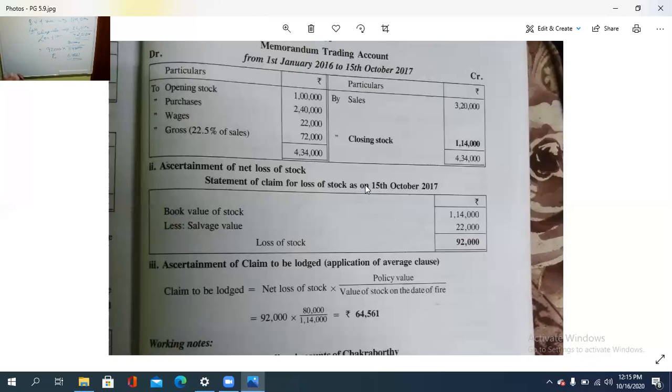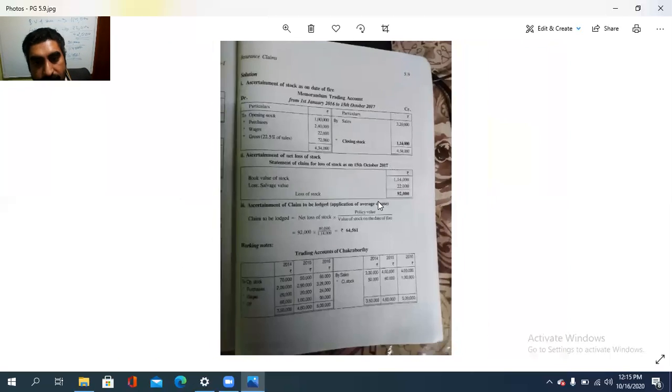And if the insured amount is less than the loss of stock, then we need to calculate the ascertainment of the net loss of stock, or the average clause for fire. If the insured amount is more than that, it's not a problem. Loss of stock multiplied by the policy value divided by the book value of the stock at the time of fire. So clear? This is always a question in the university exam.